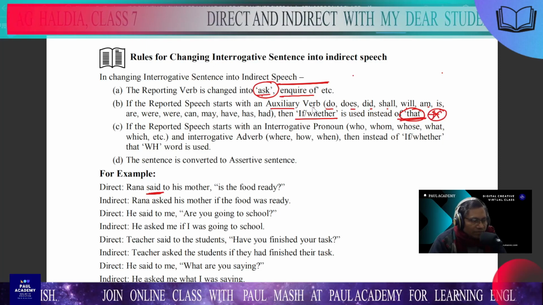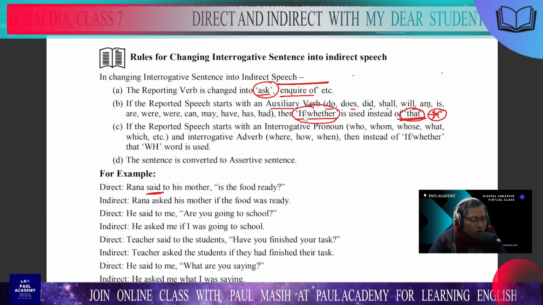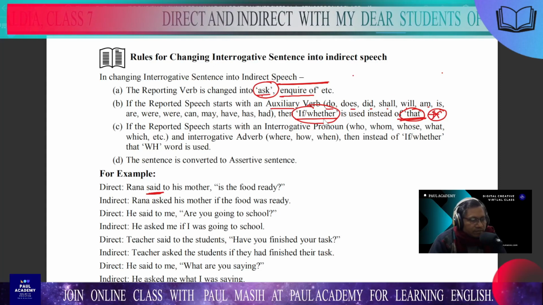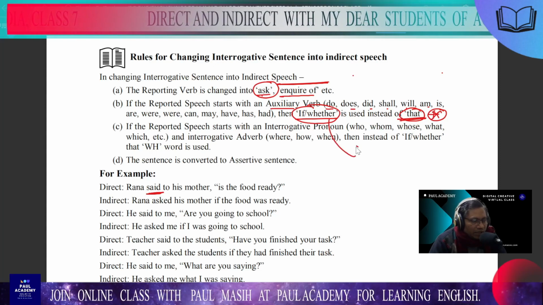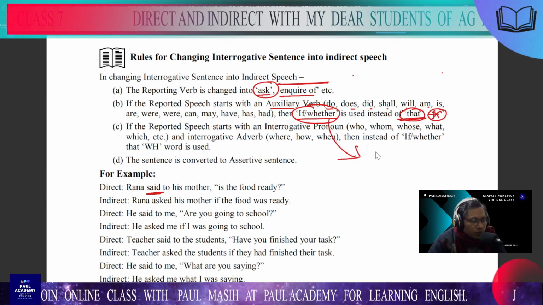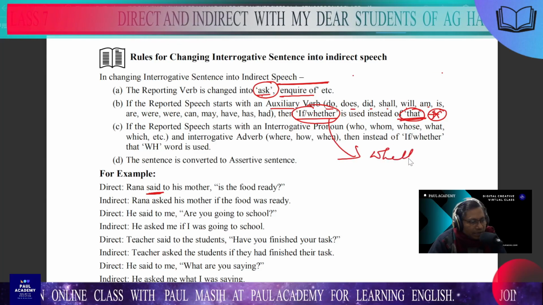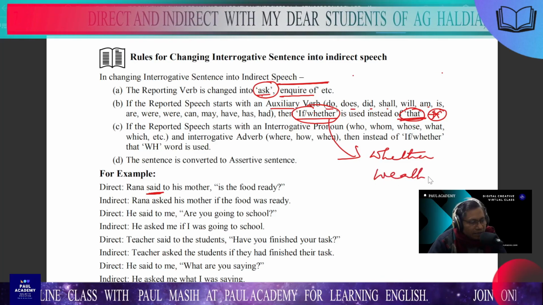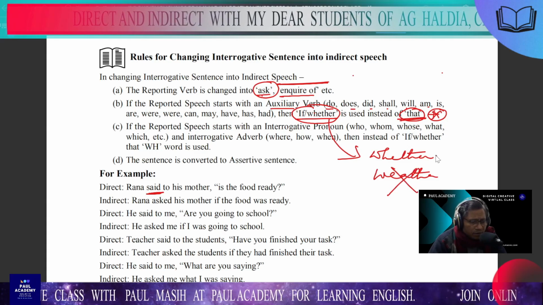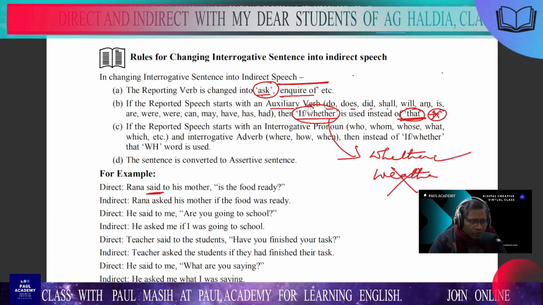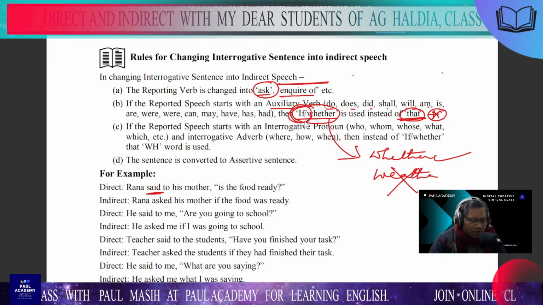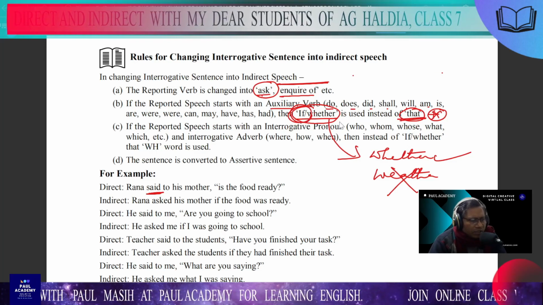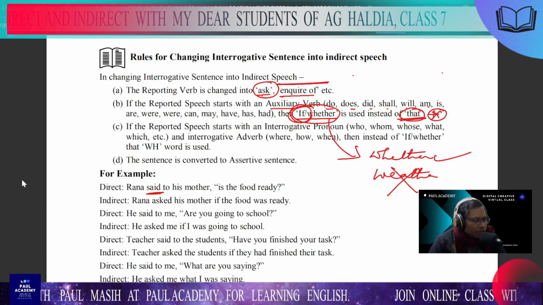You have to use if or whether to join reporting and reported speech. Here again, I would advise my students not to use whether, because you might write weather, which is wrong. So I would advise you to use if. Just go very easy, learn it, and then only you can experiment with the difficult one.